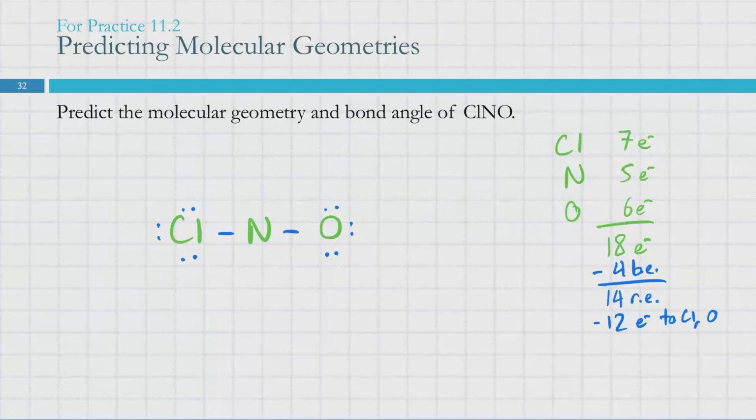And then we've got 2 left, and those can go on the nitrogen. That gets all of our electrons on the board. Is this a good Lewis structure? Is this a complete Lewis structure?